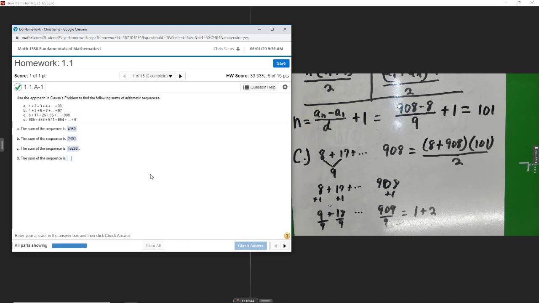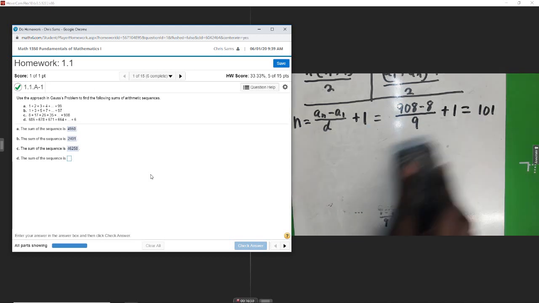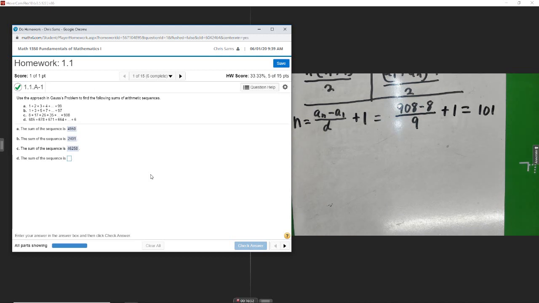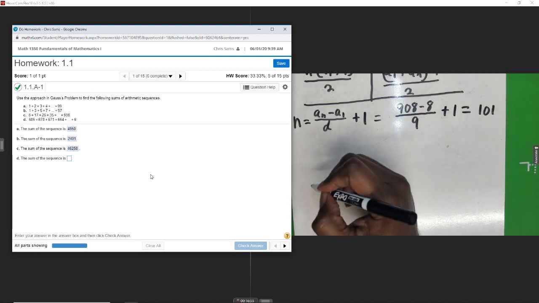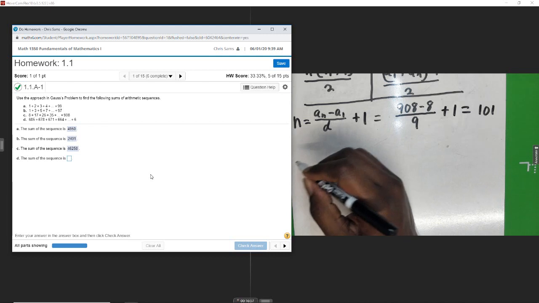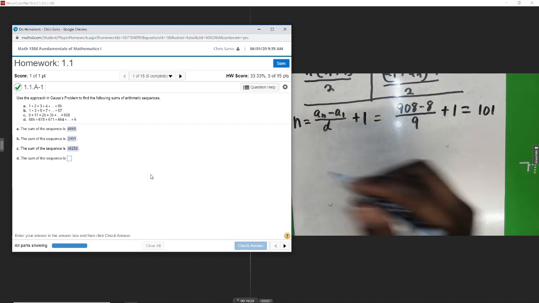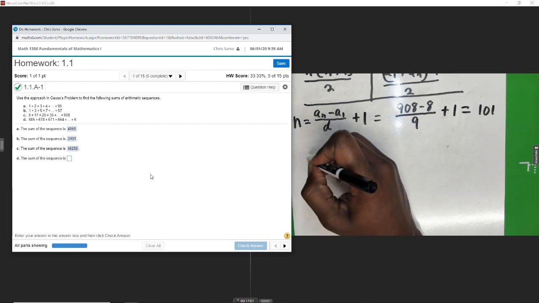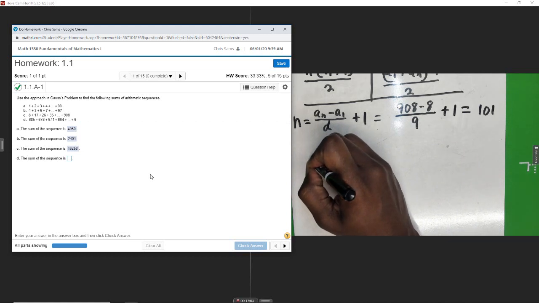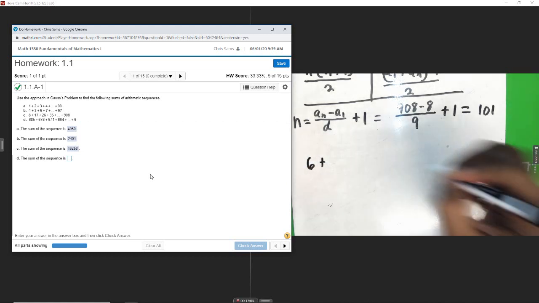Okay, so let's do this one more time with D. So I'm going to erase this part. This formula is just going backwards, but it's the same thing. I'm going to write the smaller number first: 6 plus dot, dot, dot.